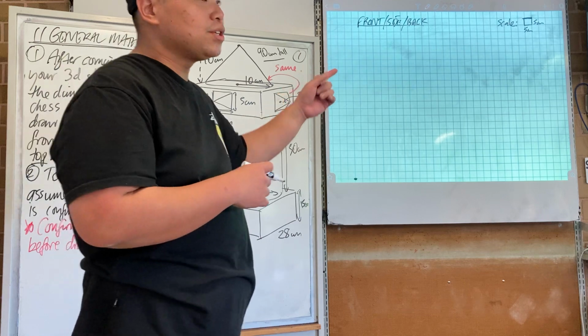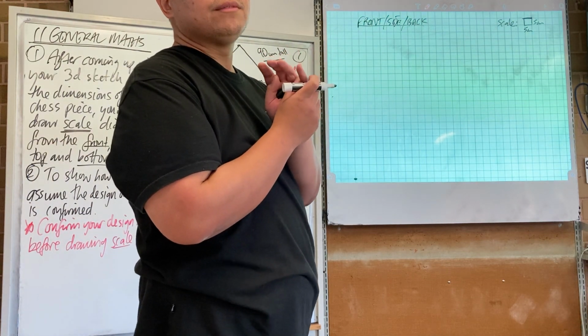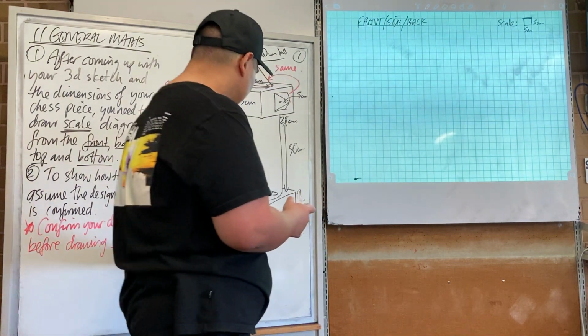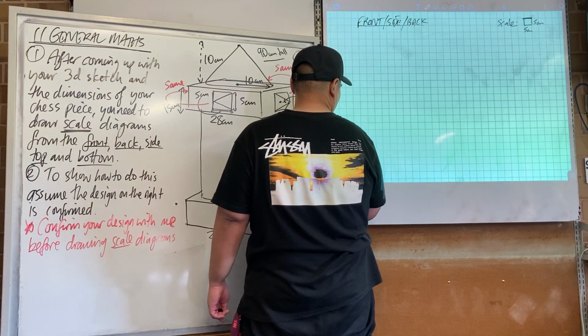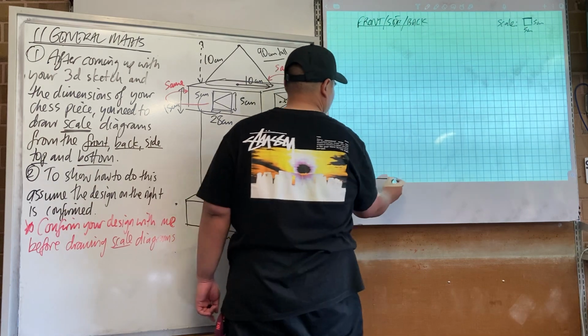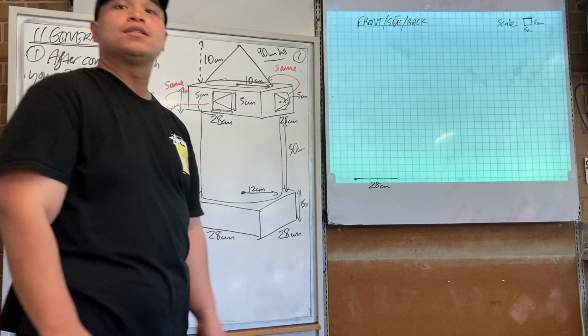So how many boxes would 30 be, according to my scale? 6. So it's not going to be exactly 6, it's going to be slightly less than 6. 2/5 less than 6. So 1, 2, 3, 4, 5. Just a little less than 6. There's my 28 centimeters decided.